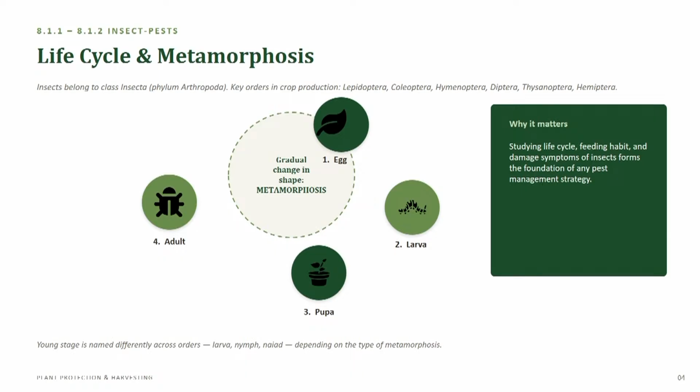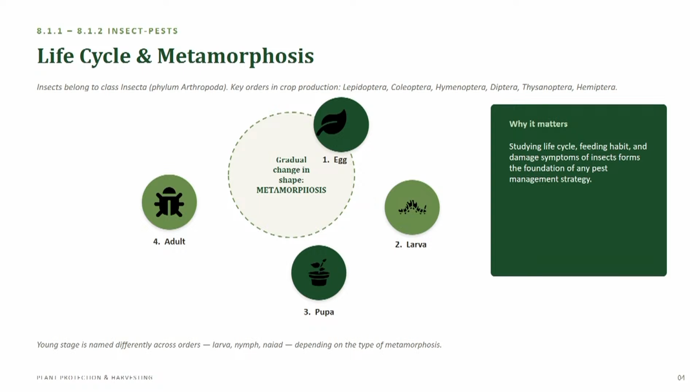Coming to the life cycle of the insect, it generally goes through 4 stages. First stage is the egg, second is the larva, from larva there is the stage called pupa, and final is the adult. And in different types of insects, the young stage may be called larva, nymph or naiad, depending on their type of metamorphosis.